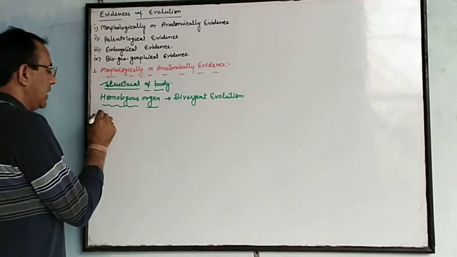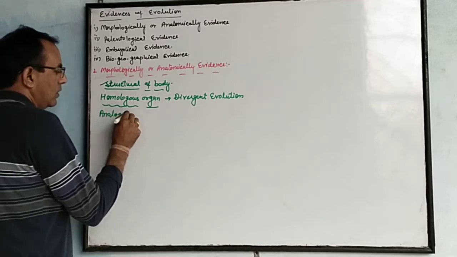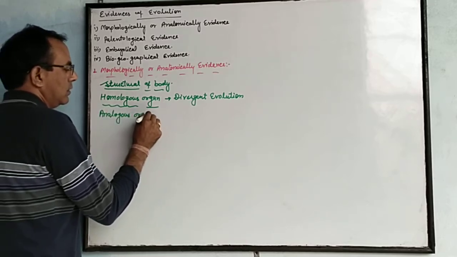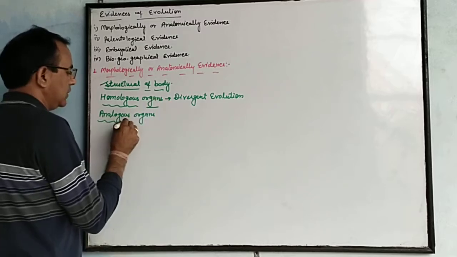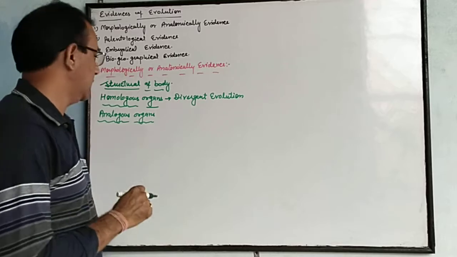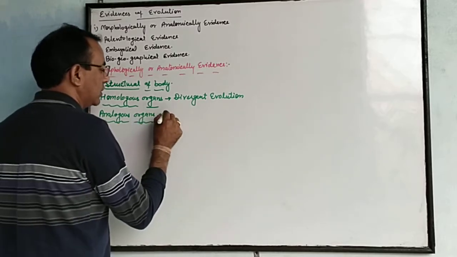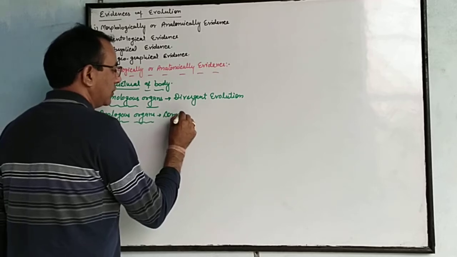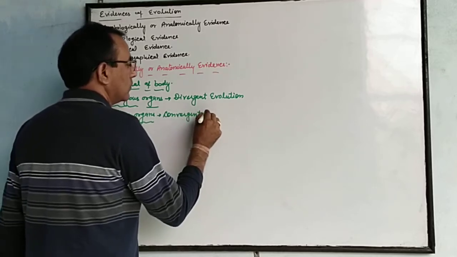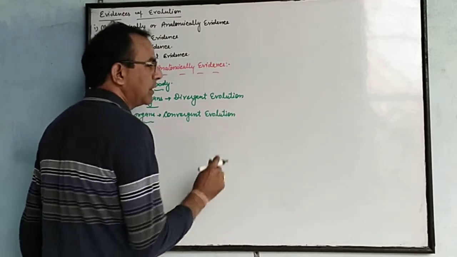Second type of organs are analogous organs. Analogous organs are the organs which have different structure and origin but perform similar function, and this type of evolution is called convergent evolution. These two types of organs we have already discussed in the previous part.